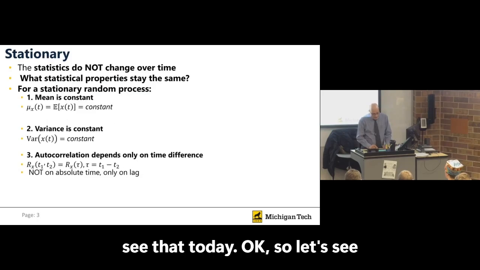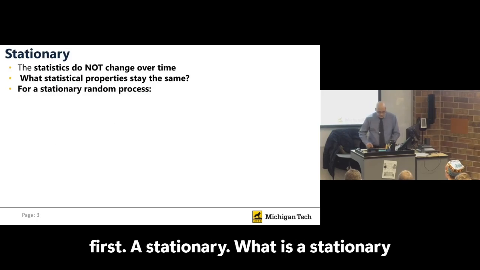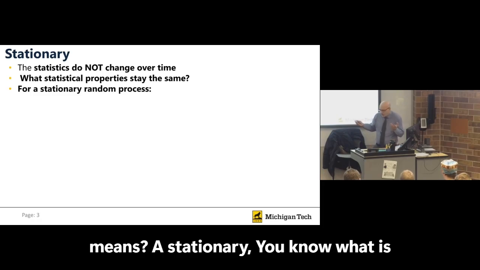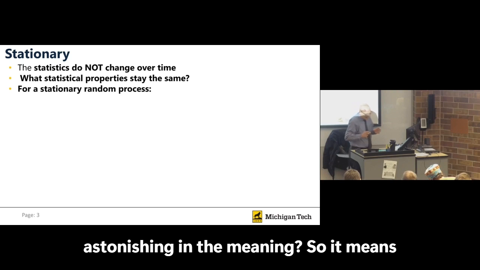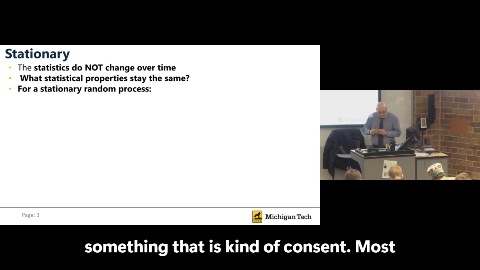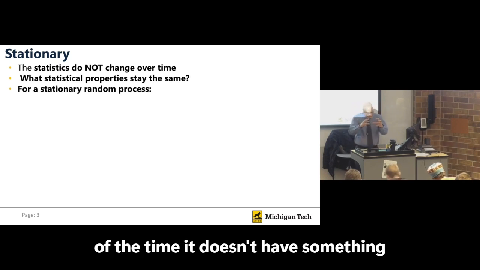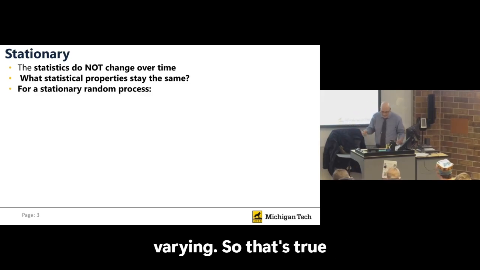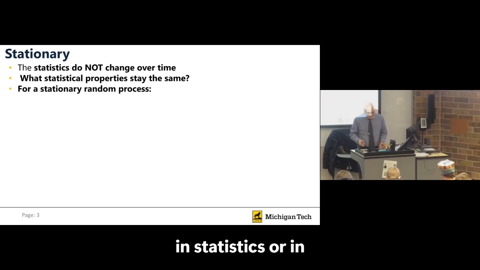Okay, so let's first see stationarity. What does stationary mean? You know what stationary means in the everyday sense: something that is kind of constant most of the time and doesn't vary. That's true in statistics and probability too.